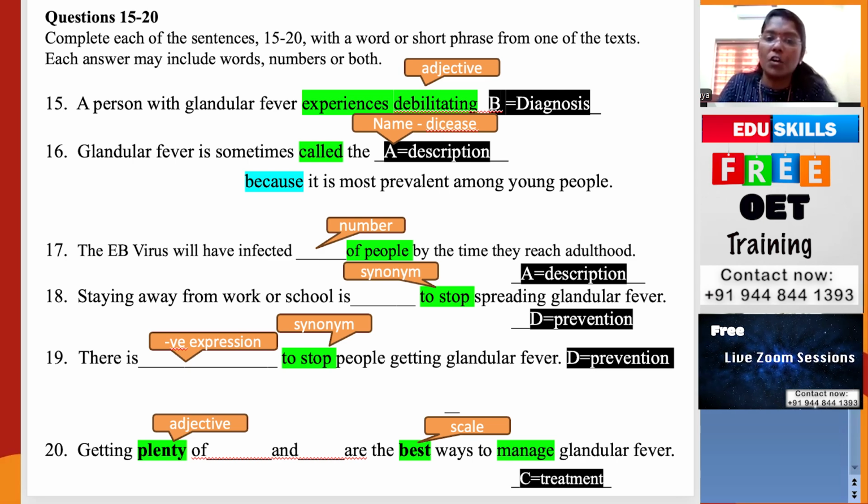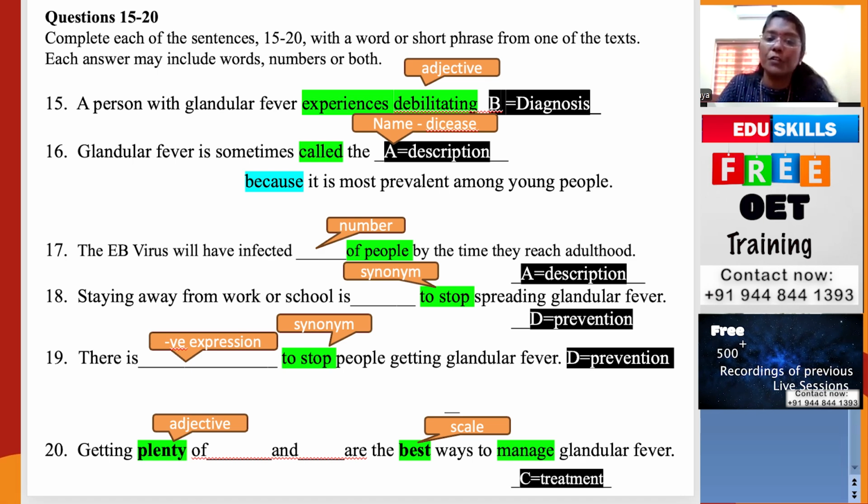Then swollen lymph glands. Lymph glands is the organ, and swollen is the adjective, so underline that also. If you missed these things, you have to underline. Then next, differential diagnosis. That also you have to underline, that is the subheading. Okay, if it is not there, you can underline differential diagnosis.